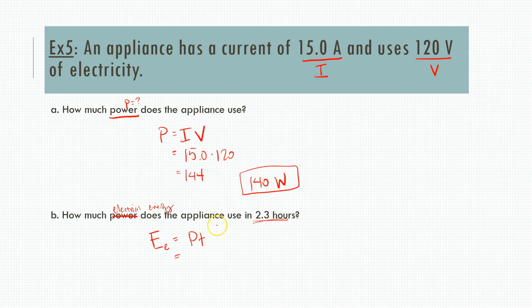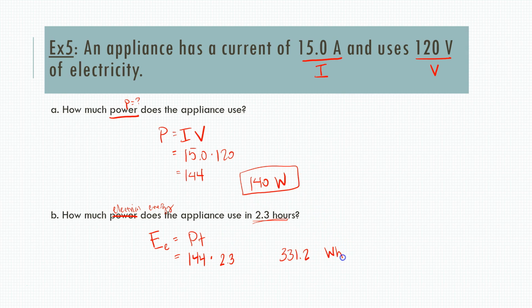Now, since this is a two-part question, I want to make sure that I use my non-rounded power here. I'm going to use the 144, and we're going to multiply that by the 2.3 hours. And if I answer it this way, I'm going to get 331.2, but this was in watts.